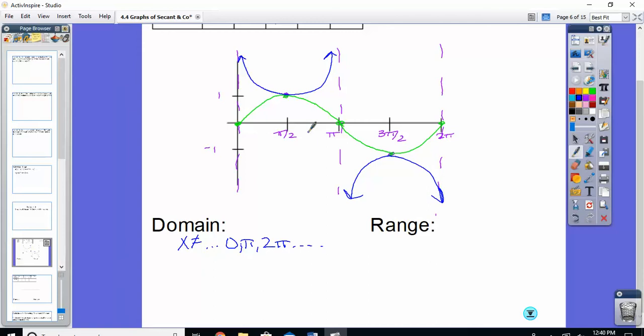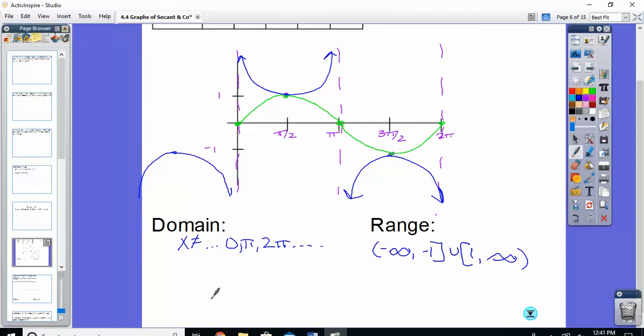Cosecant is hitting the opposite. It's coming from negative infinity. It stops at negative 1, union picks back up at 1 and goes to infinity. So all that's happening here is we're alternating upward and downward parabolas. So if we kept going, we would have one down here next.